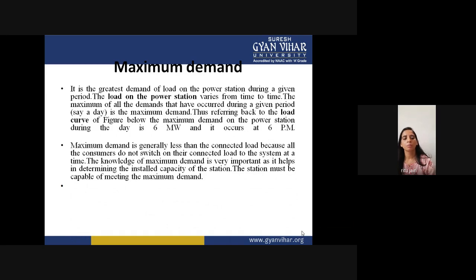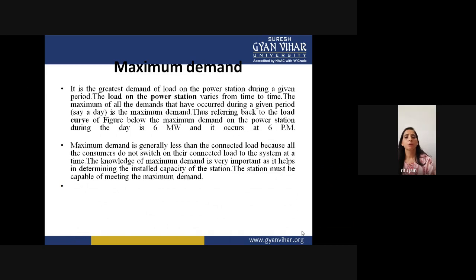So your connected load may be 1000 watt, 1000 kilowatt, or 500 kilowatt, but your maximum load is always less than your connected load, right? Are you getting my point? Your connected load is always greater than your maximum demand. If you have 10 bulbs in your house, you can't use all these 10 bulbs at a time. So your maximum demand is always less than your connected load.